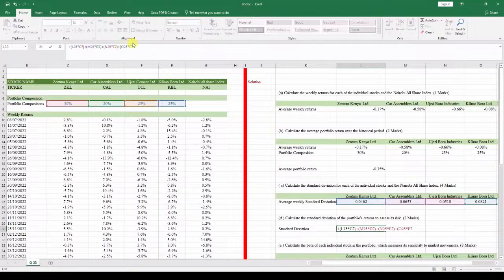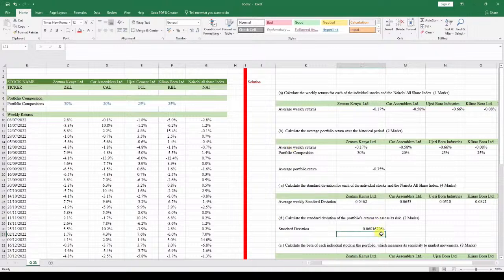Open the brackets and close the brackets like that, and we just click enter. So we can put it in form of weights, and we can say it's about 6.02% standard deviation. So the standard deviation of the portfolio is given to us there. So we pick the standard deviations of the individual securities and we multiply them by the corresponding weights.